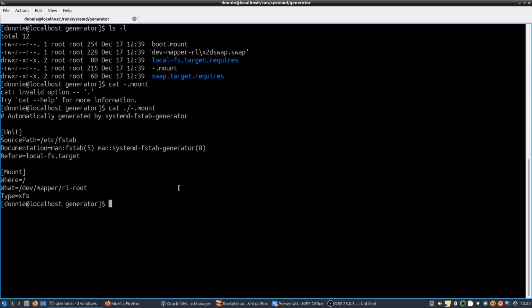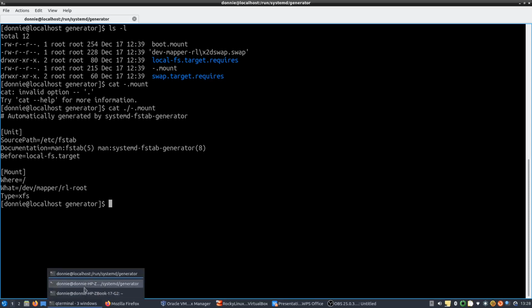So there then is the generated mount unit for the root partition, or the root logical volume in this case. And again, dev mapper root and XFS file system.